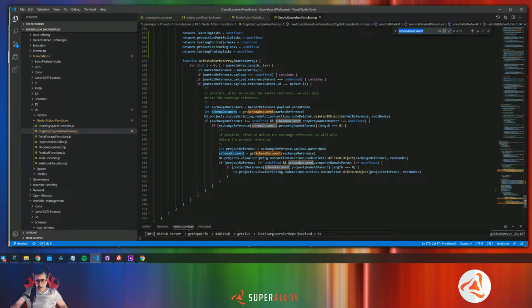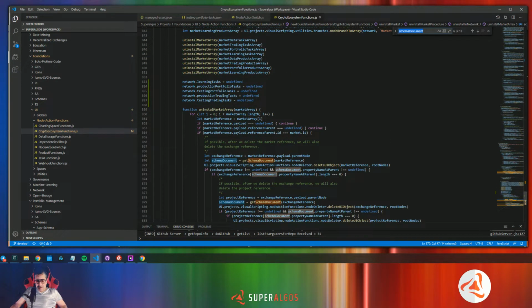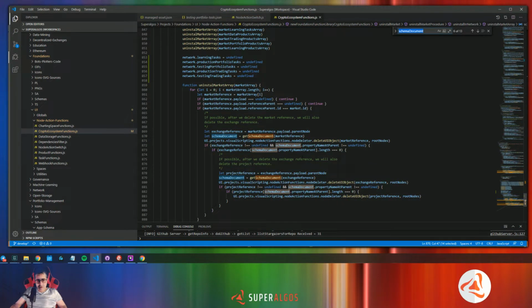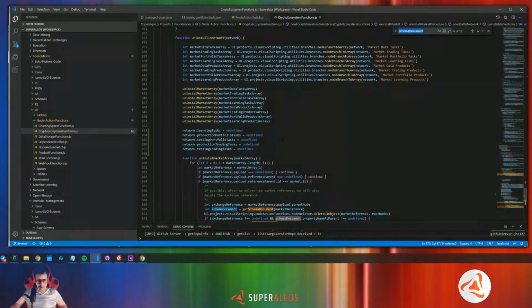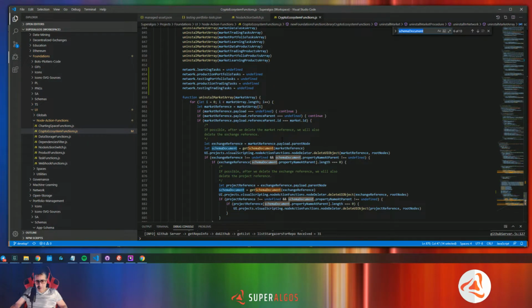Okay, so for some reason it goes in this strange direction of going up. I don't really understand why, but instead of undefining this, probably I should delete these objects.